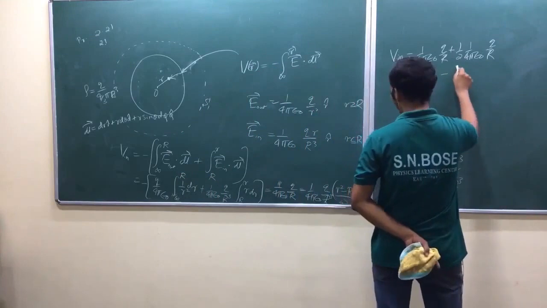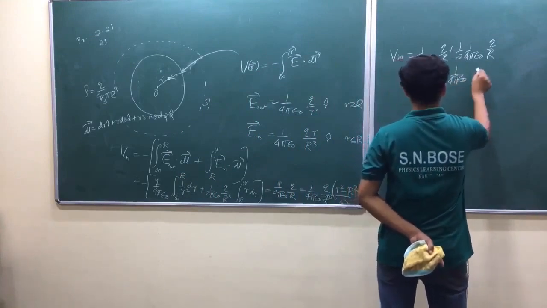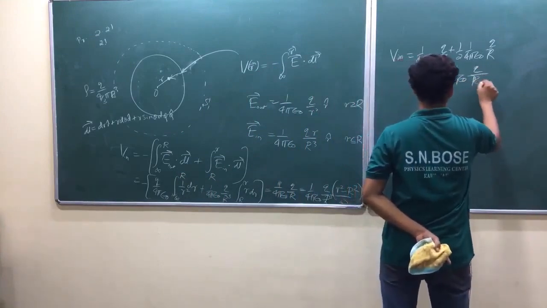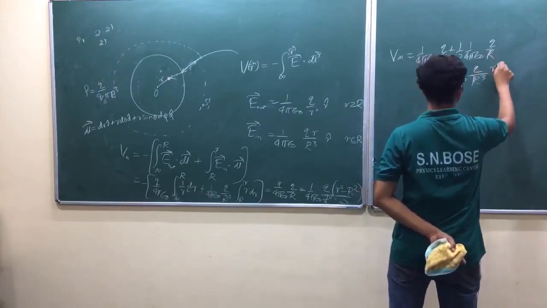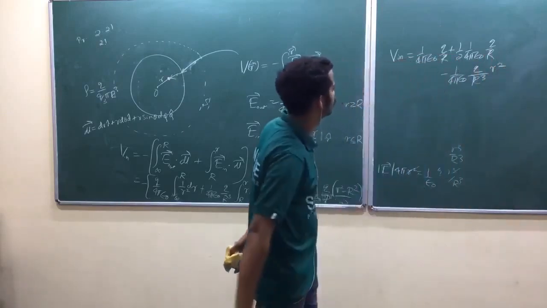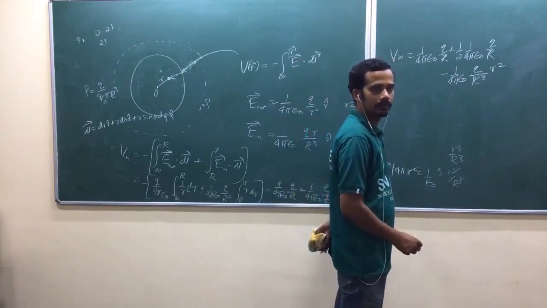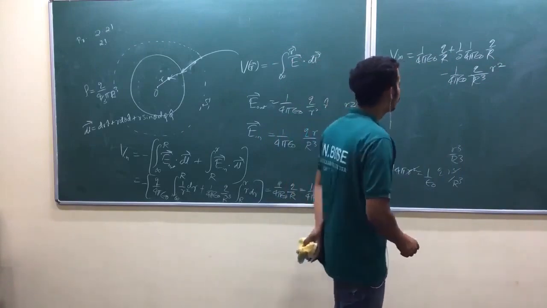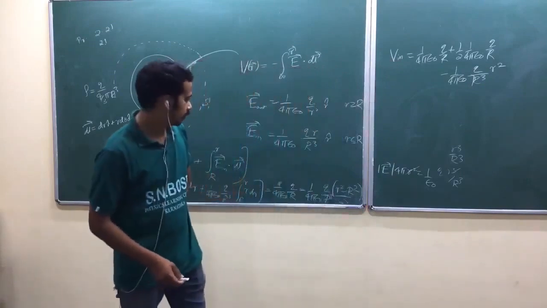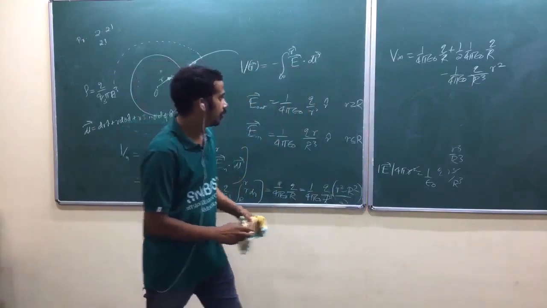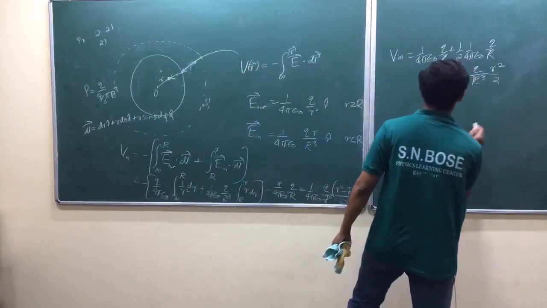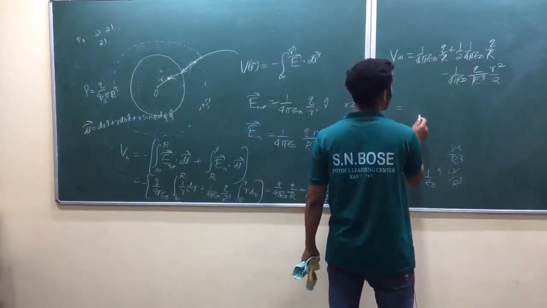So one more part, minus 1 by 4 pi epsilon naught Q by R cube into 3 by 2. By 2. One more by 2. How do you simplify?